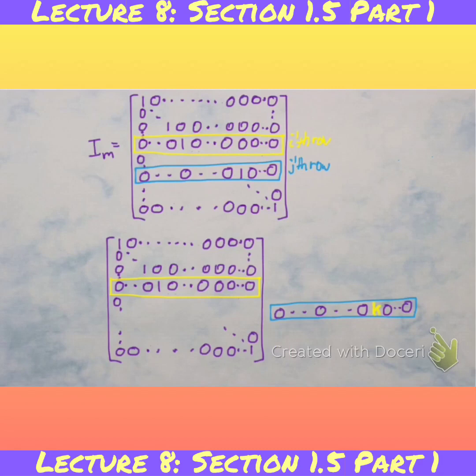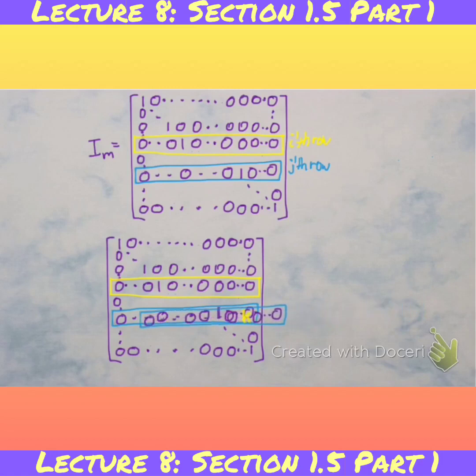Then we're going to add it to the ith row. Doing that, you'll see that the scalar k lines up with a 1 in the blue row, but it lines up with a 0 in the yellow row. So adding that, in the jth column of the ith row, we're going to have a new entry which is going to be k.